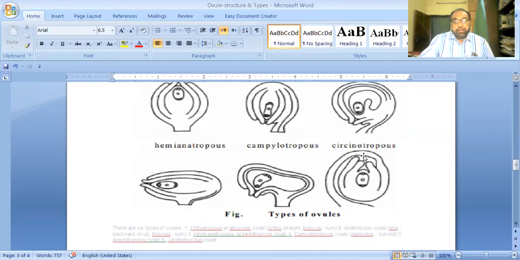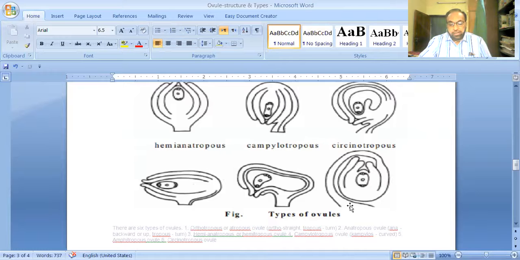Then the last one is the circinotropous ovule. This circinotropous ovule is another important type of ovule, in which you will find that the chalaza entirely covers the ovule from the basal side, while the micropyle and nucellus are present in a straight line, but the chalaza surrounds the complete ovule.